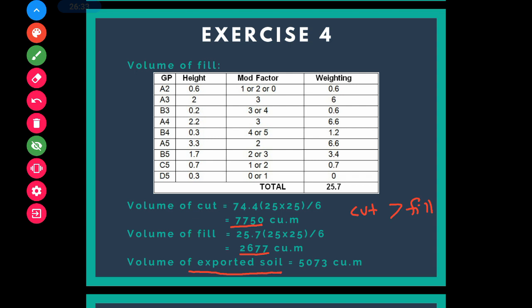You take the volume of cut, 7,750, minus the volume of fill, and you get the volume of exported soil.